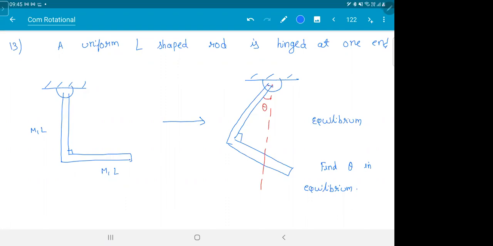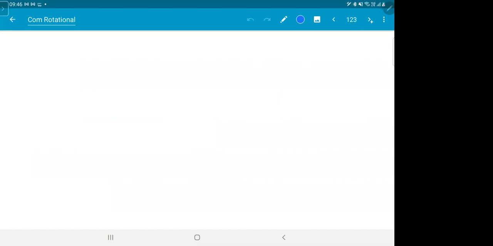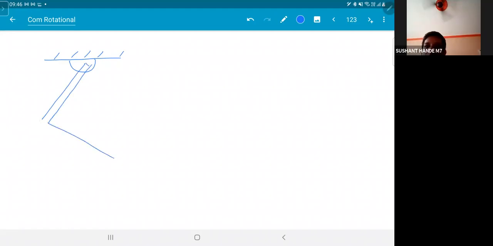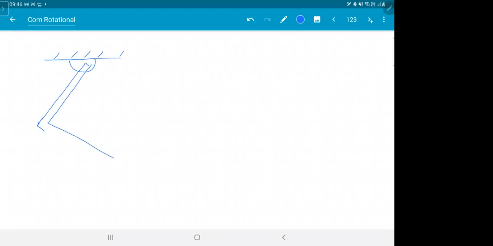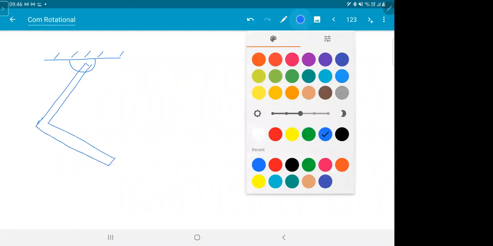Let's see. What is the catch here? Again, how many forces are there? See, always start with an FBD. That is where you always get the answer. How many forces are there? Anyone? 3. Ideally 2 forces, but I know you're taking the components also in X and Y. So if you include the components, it is 3. But hinge reaction is 1, but 3 makes sense.